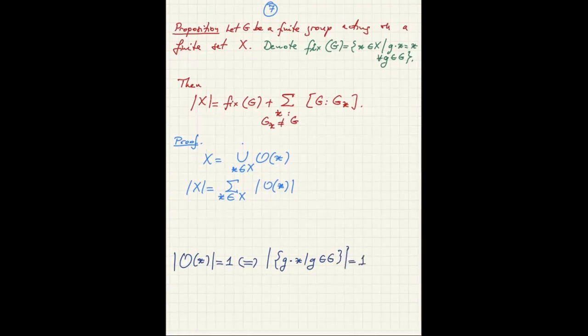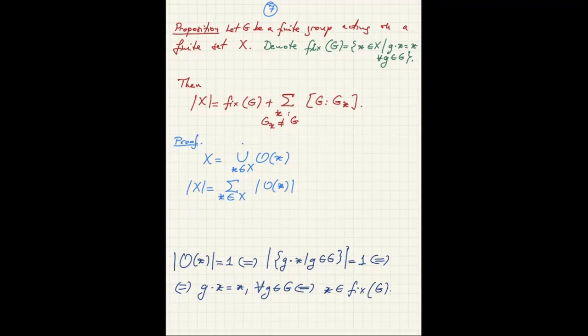Well, we know that one element of the orbit is x, because the identity of the group acting on x gives us x. So that's equivalent to g(x) equals x for any g in G. And that is equivalent to x belonging to Fix(G).